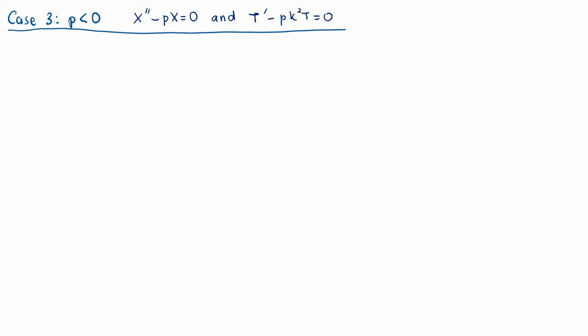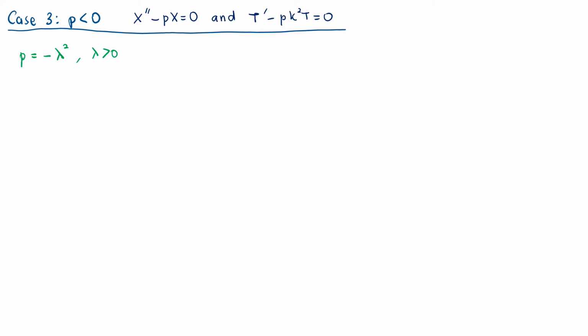Now we proceed with case 3 where p is less than 0. For this case, we let p equal negative lambda squared, where lambda will be greater than 0 in order for p to be less than 0.